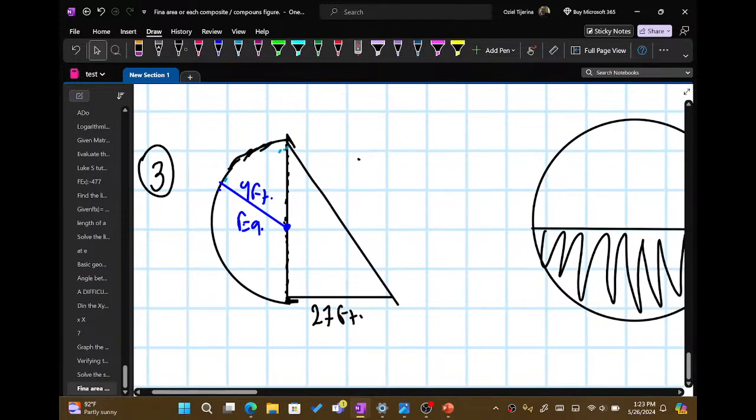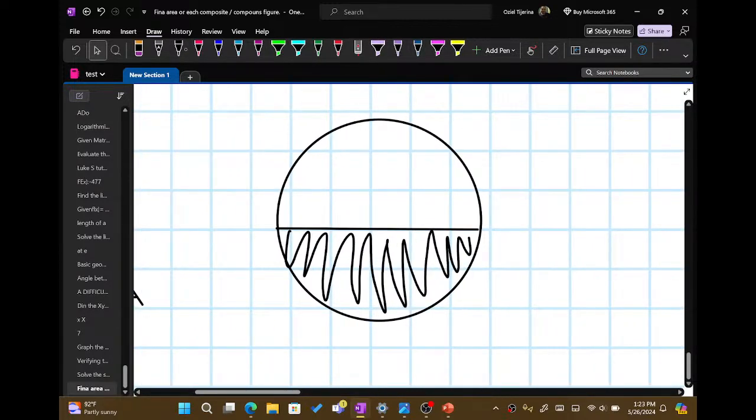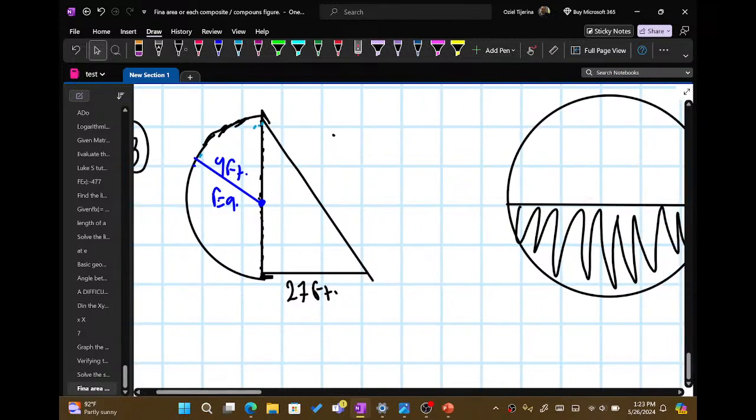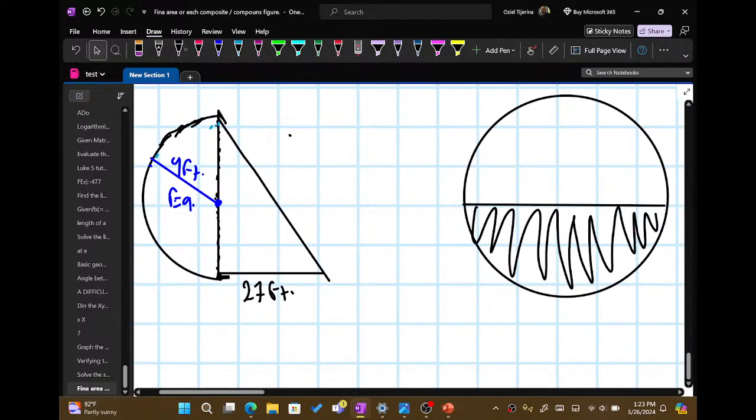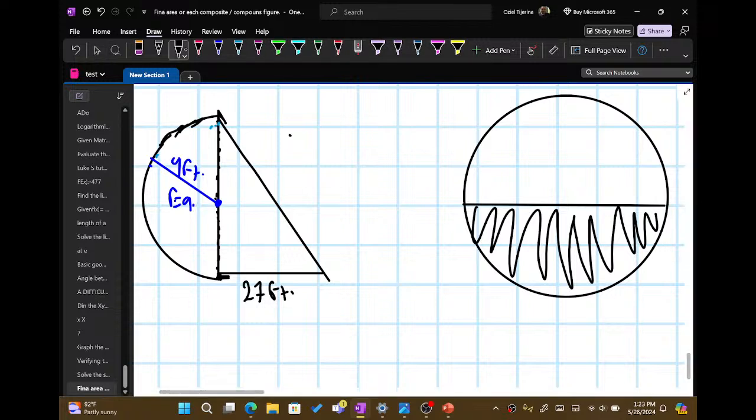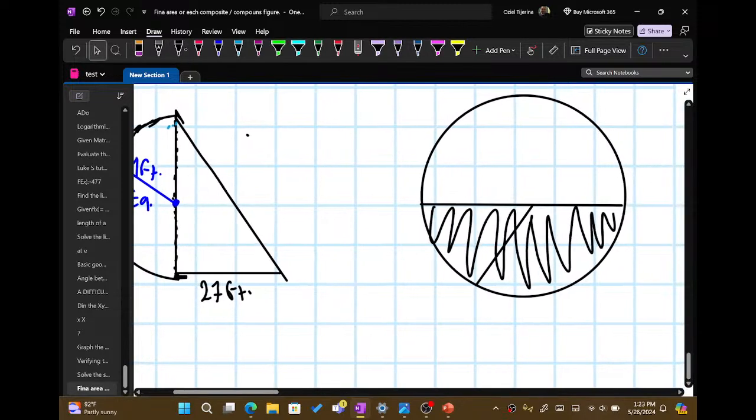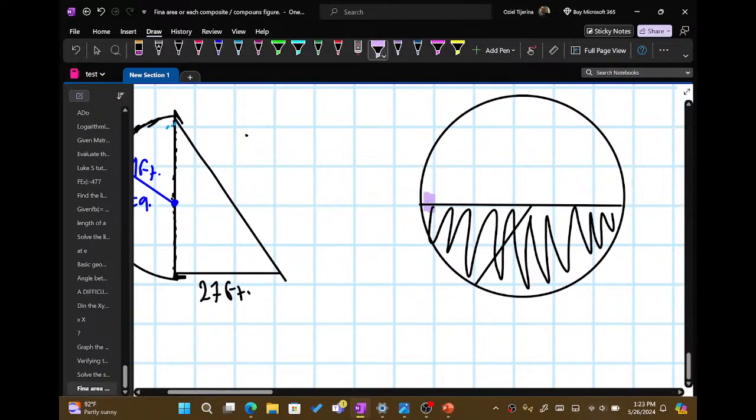And what they're saying is that when it meets with the triangle in the middle at a certain angle, it is literally equal to the radius.